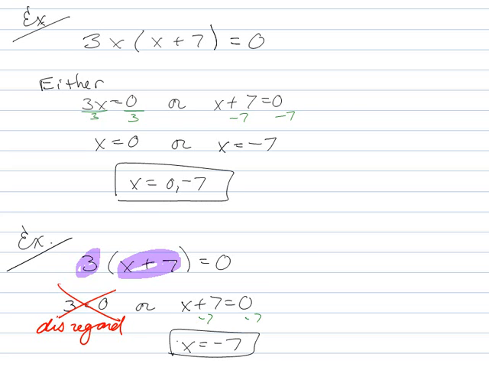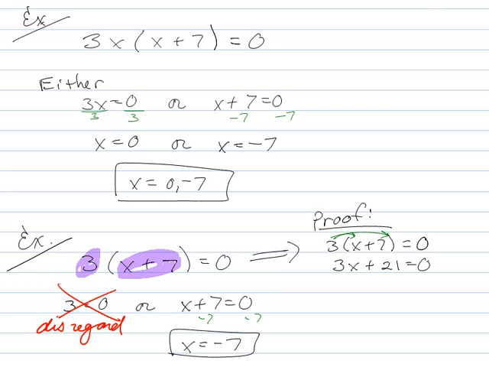And that's okay. Let me prove to you why this is okay to do. Now, if I have 3 times x plus 7 is equal to 0, if I didn't know how to factor, I could go ahead and distribute that 3 across, right? So I have 3x plus 21 equals 0. And I can solve this like a regular algebra problem. So I can come in here, minus 21. So 3x equals negative 21.